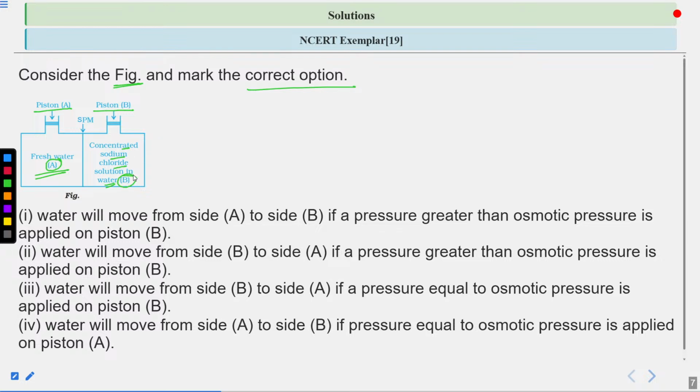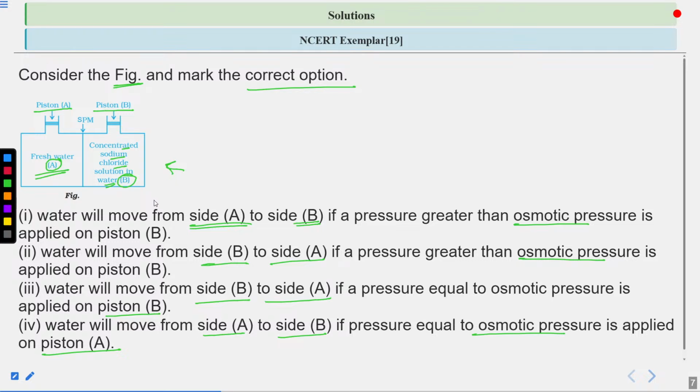Now the question asks us to mark the correct option. The first option is: water will move from side A to side B if a pressure greater than osmotic pressure is applied on piston B. Second: water will move from side B to side A if a pressure greater than osmotic pressure is applied to piston B. Third: water will move from side B to side A if a pressure equal to the osmotic pressure is applied to piston B. Fourth: water will move from side A to side B if a pressure equal to osmotic pressure is applied on piston A. These are the four options, or statements, regarding the given figure.